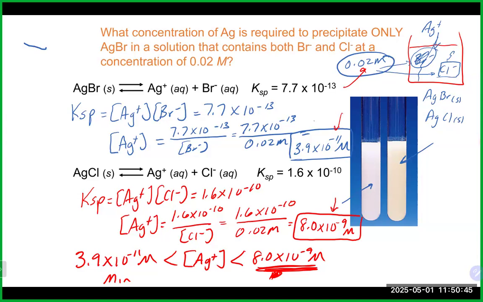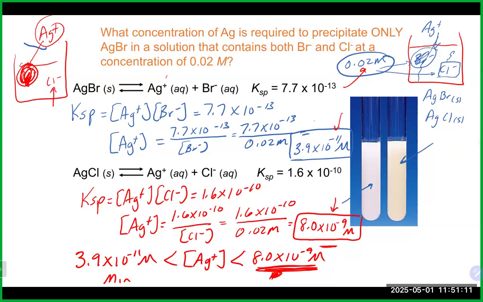That's the minimum concentration of silver that you would need to add to your beaker that has bromide and chloride to start to precipitate out just the bromide. And this number, 8 times 10 to the minus 9, tells us that is not enough concentration to precipitate out the chloride.